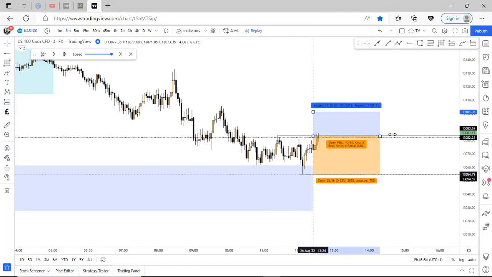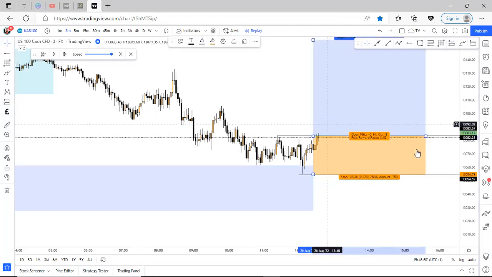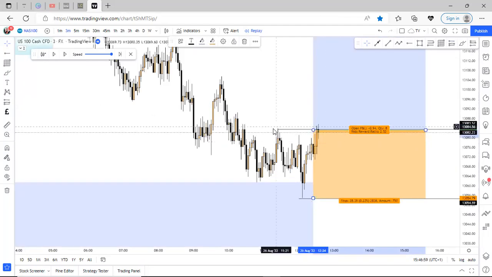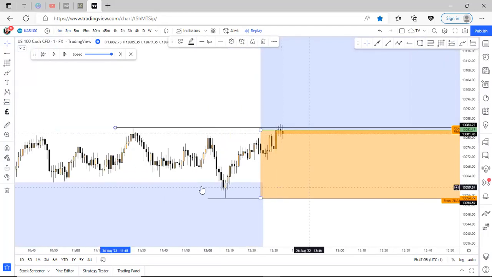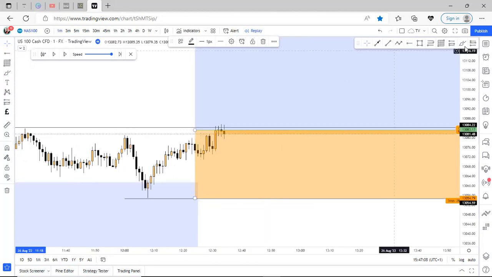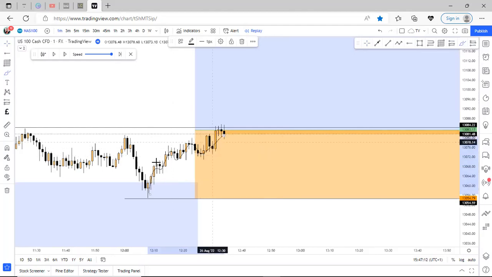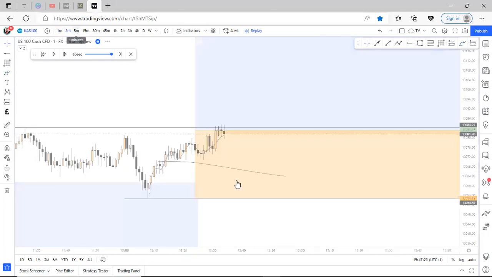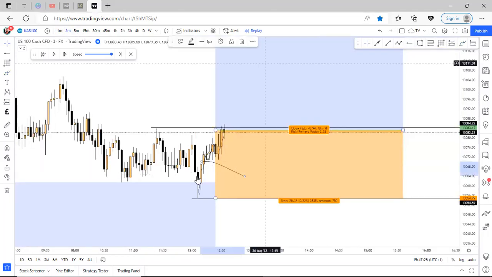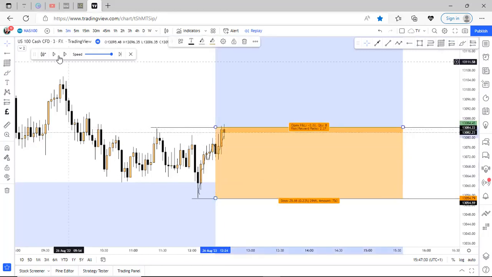I did not wait for the retracement on this particular pair, because when I took a look at all the price action here, everything looks filled. The only place that is not really filled is this zone right here, and it was on the 1 minute time frame. I checked other time frames, and there was no point of interest that was really clear to me. So that was why I just market executed a buy trade.